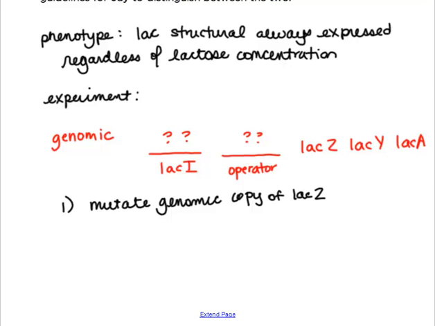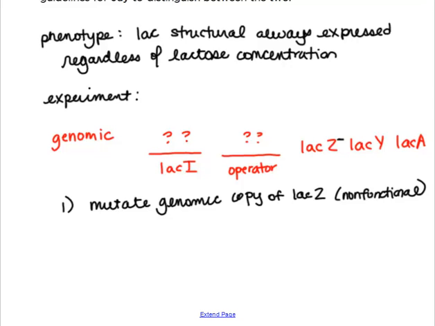Okay, so let me just put a dash there so we know that that is no longer functional. And this way, when we want to see if either the genomic copy or the plasmid copy is being expressed, if the genomic copy is being expressed, we won't see any LAC-Z. Okay, so that's a good way to distinguish.